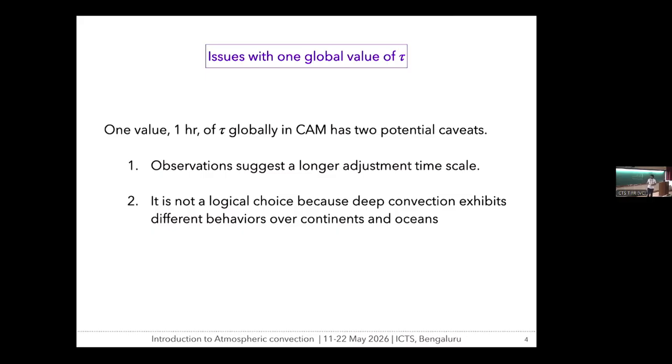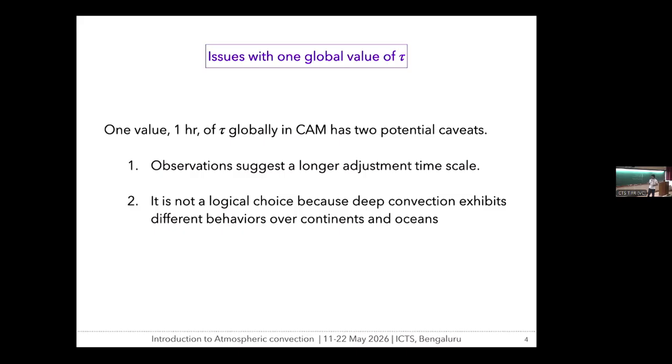The second problem is that we have seen in different papers and literature that convection over land and ocean are different. They behave slightly differently, so it is perhaps not logical to use one tau value for the entire globe.